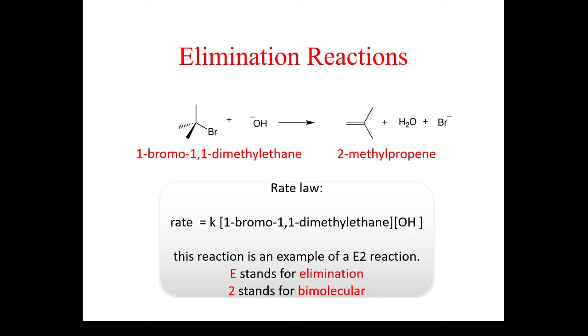It's bimolecular, it's going to happen in one step. Your leaving group's going to leave and we're going to form the double bond. The nucleophile here, instead of attacking the carbocation, is going to look to remove a hydrogen from the carbon, not the leaving group, and turn into water. The leaving group will leave, the OH will take a hydrogen, and that's how we'll form the double bond.